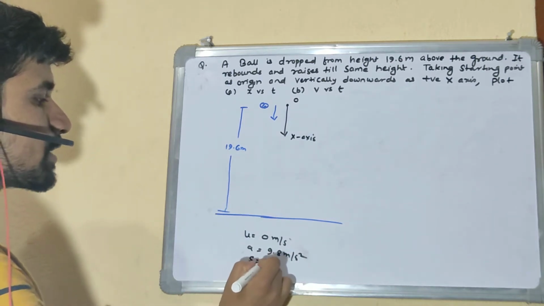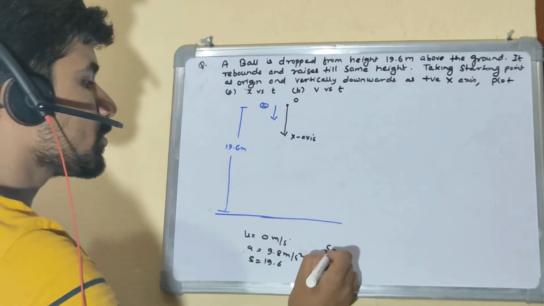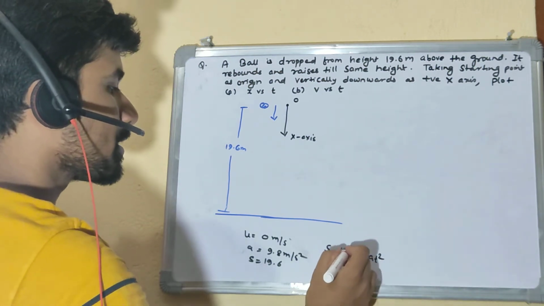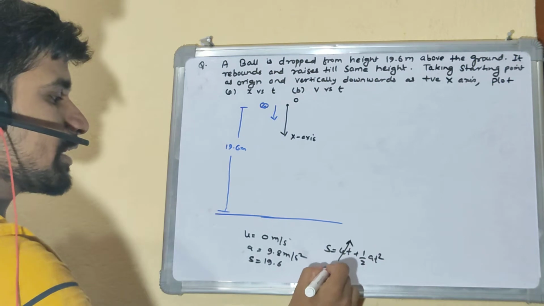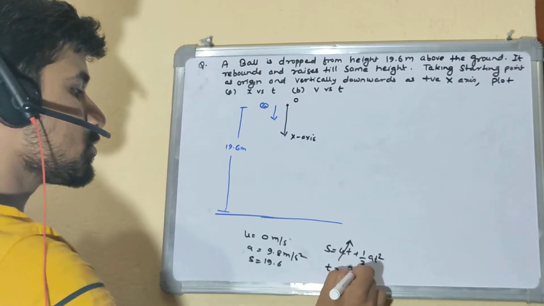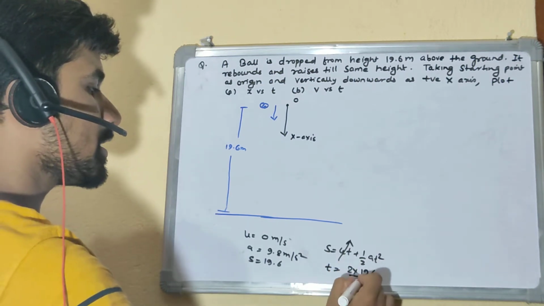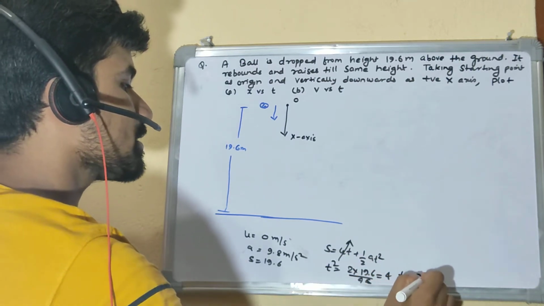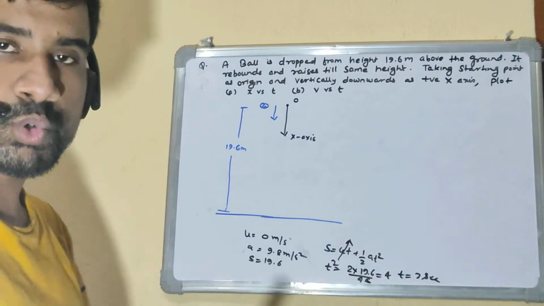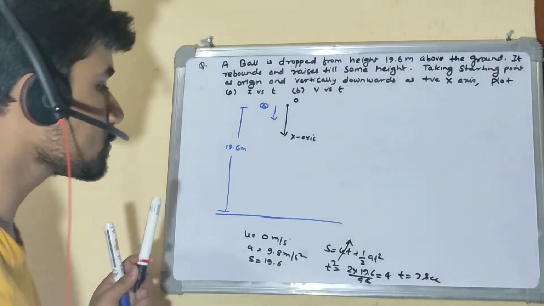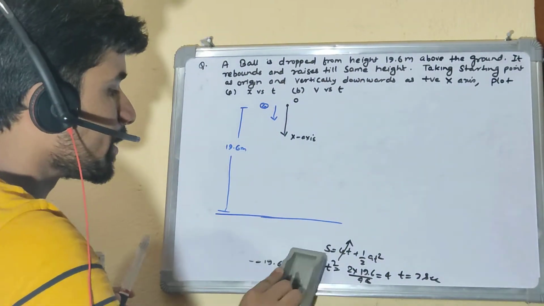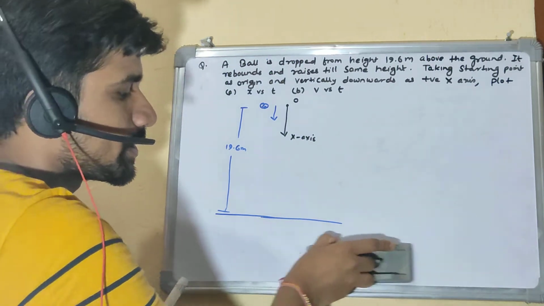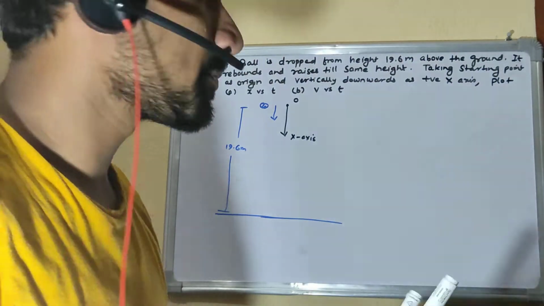Distance is 19.6. If I apply s equal to ut plus half at square, the u term is 0. So t square becomes 2 into 19.6 by 9.8, which is 4. T is 2 seconds. It will take 2 seconds for this ball to hit the ground.